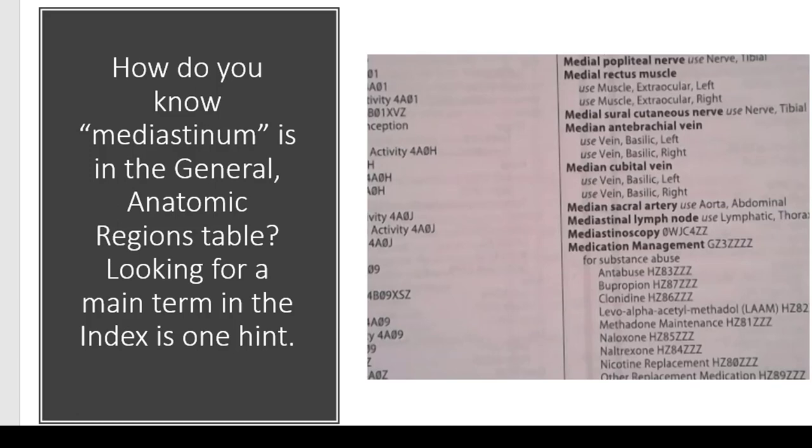When you look up in the index here, that word mediastinoscopy, which is exactly going into that mediastinum. The difference is in this term that we're looking at in the index, the mediastinoscopy, that is not an open approach. That is a percutaneous endoscopic approach.